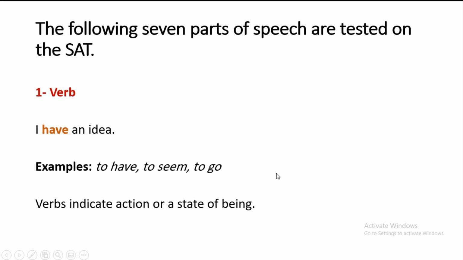Okay, to seem, to go, to walk. All right, so a verb is the part of speech that indicates an action or state of being. So verbs are action words, words that reflect action.